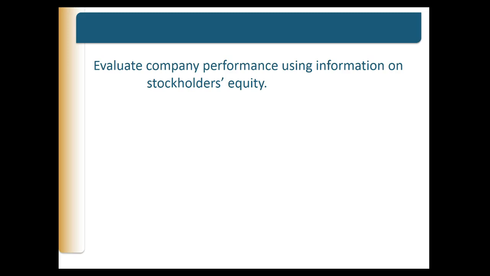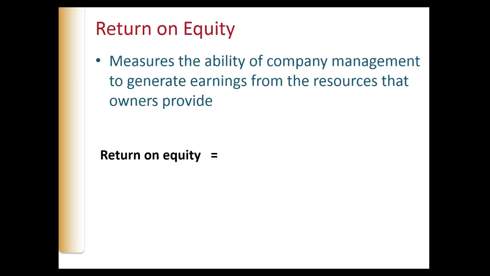We're going to now evaluate the company's performance using information on the stockholders' equity section. Earnings are the key to a company's long-term survival. However, we need to evaluate earnings and compare them to the size of the investment.